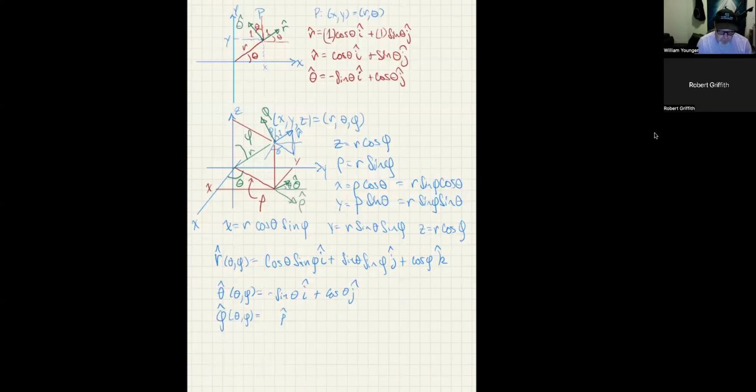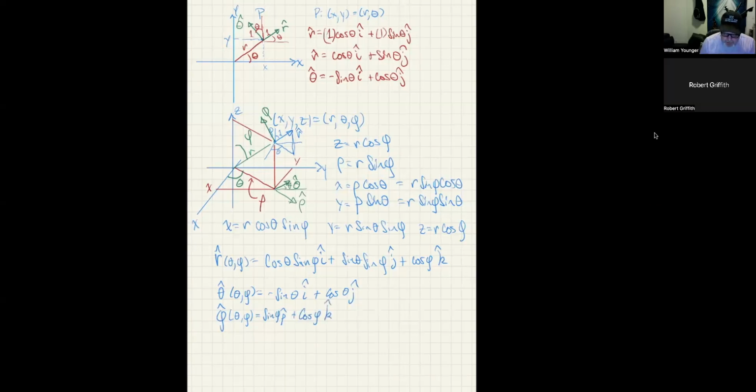It's not actually a formal thing that we're going to be working with. But to get my component that way, I'm going to multiply the sine of phi by rho hat. So this would be the sine of phi times rho plus the cosine of phi times k hat.